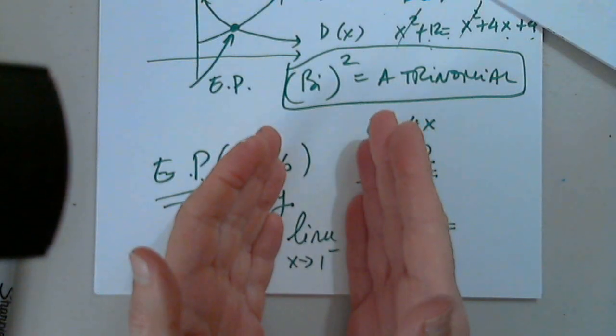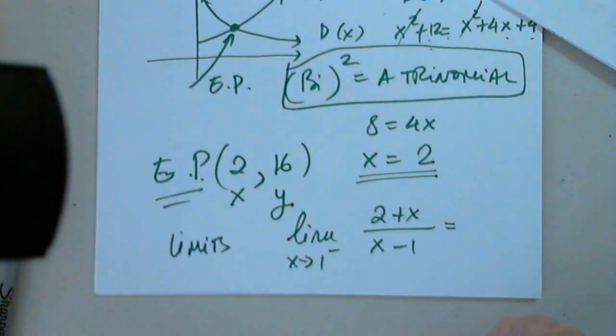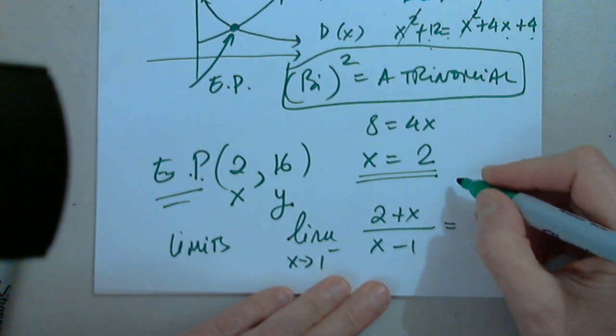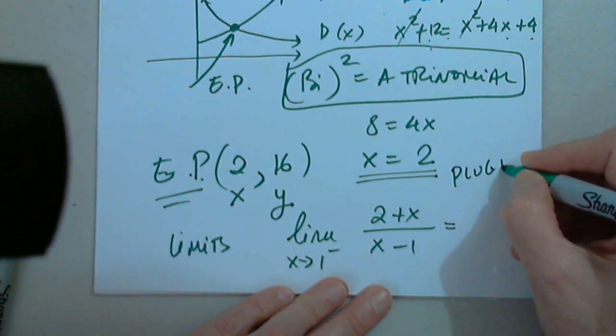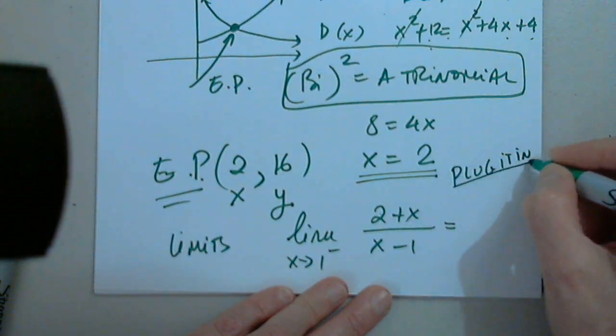When I'm asked to find the limit, the first thing I do is always what? Can't you try putting it in first? Yes. Awesome. Sloan. Thank you. Plug it in. Always.